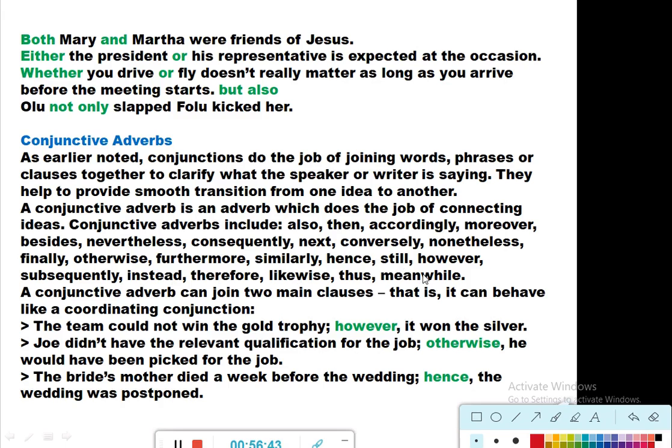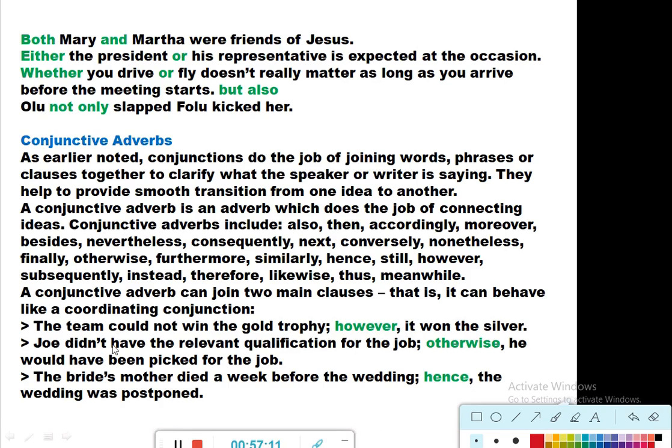These are conjunctive adverbs. A conjunctive adverb can join two main clauses. That is, it can behave like a coordinating conjunction. For example, the team could not win the gold trophy. However, it won the silver. So that's exactly an example. However is the conjunctive adverb here.